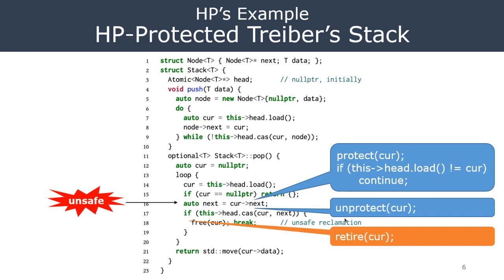But you can see that this API is a little bit error prone. The reason is that you need to make sure that what is currently dereferenced is actually protected before, and you want to somehow make sure that is satisfied. And furthermore, you need to validate the fact that the pointer cur is still there.